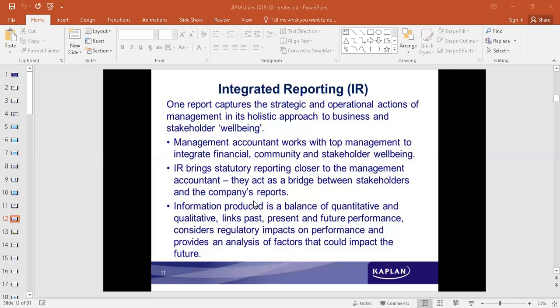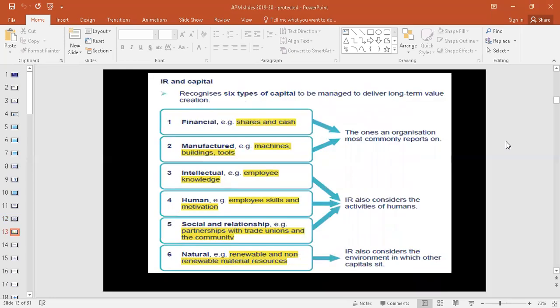The complete set of information in integrated reporting is provided in the form of six different types of capital.